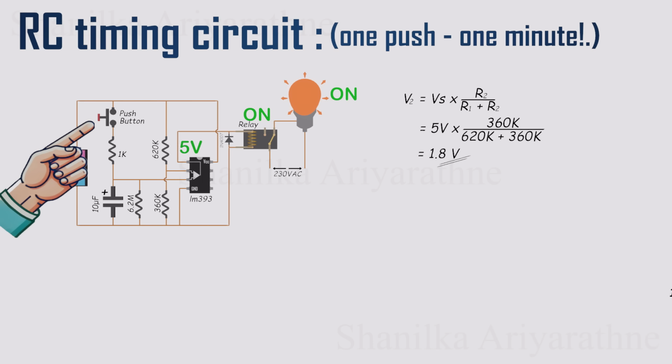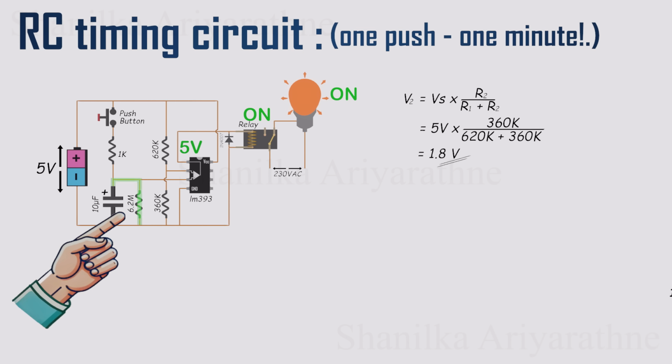Now, after we release the push button, the capacitor starts to slowly discharge through the 6.2 mega-ohm resistor. As it discharges, the voltage at pin 3 drops down. When the voltage at pin 3 falls below 1.8 volts, the relay de-energizes and the bulb turns off.